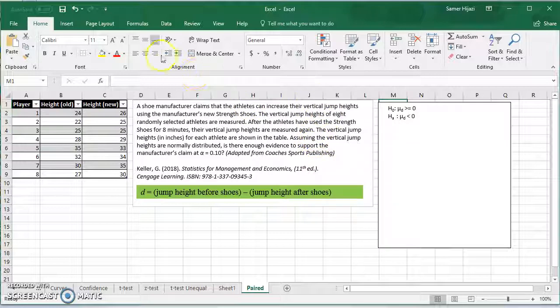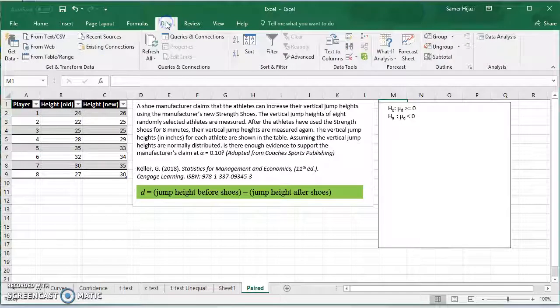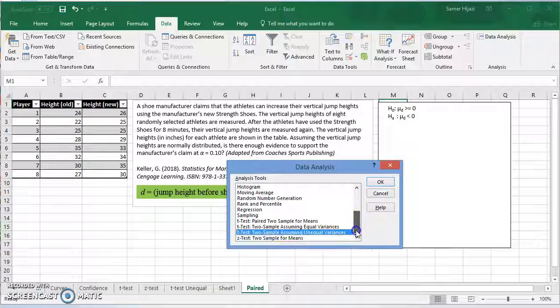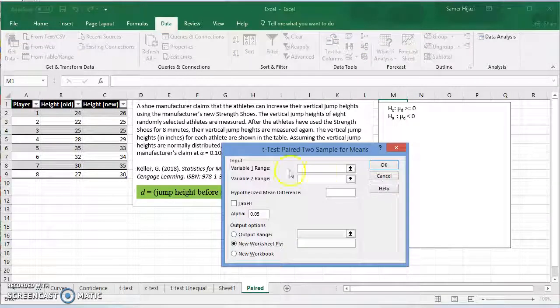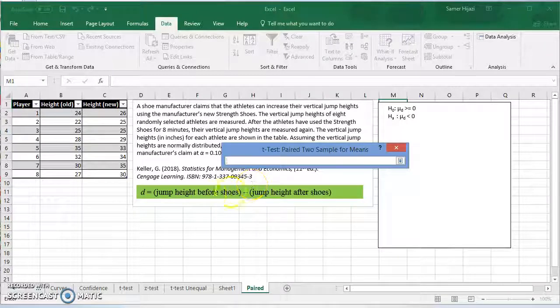So for this test, we're going to go to the data analysis as we did with other tests, but this time we're going to choose the t-test paired two sample for means. We're going to select the variable one range. This is very important to select the same one you selected as the before. So we're going to select this first.